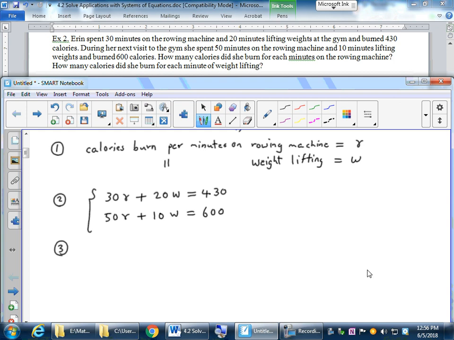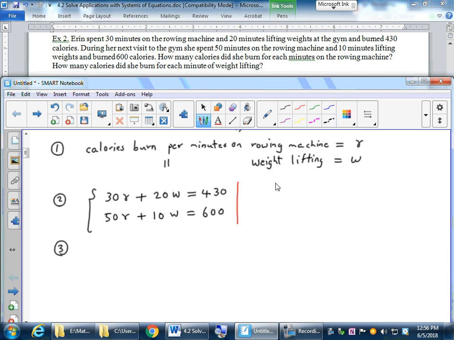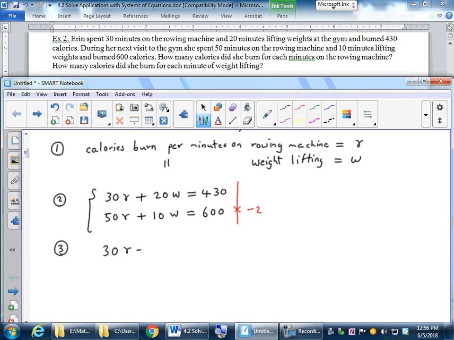So step 3, and for this problem, it will be the best to use elimination method to solve the system. So I'm going to multiply the second equations by -2, which will give us eliminate the variable w. So continuing this, 30r plus 20w equal to 430.